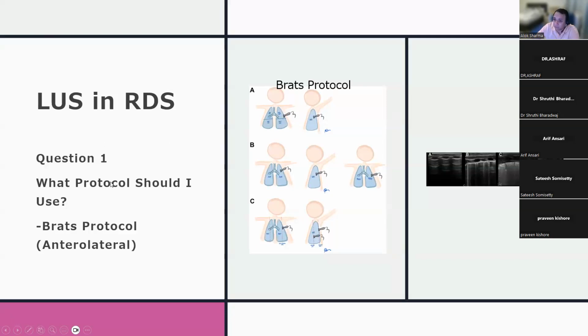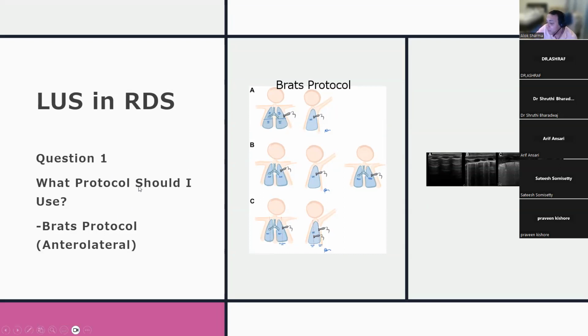If you're developing a protocol now that will incorporate lung ultrasound as an investigation in the management of RDS, the key question is, are you going to use lung ultrasound alone? Are you going to use it in conjunction with FiO2 and clinical signs and symptoms? Are you going to use it in conjunction with a chest X-ray? Well, that is something that you need to think of very carefully, and I will be providing you the protocol that we've developed for Southampton before I left.